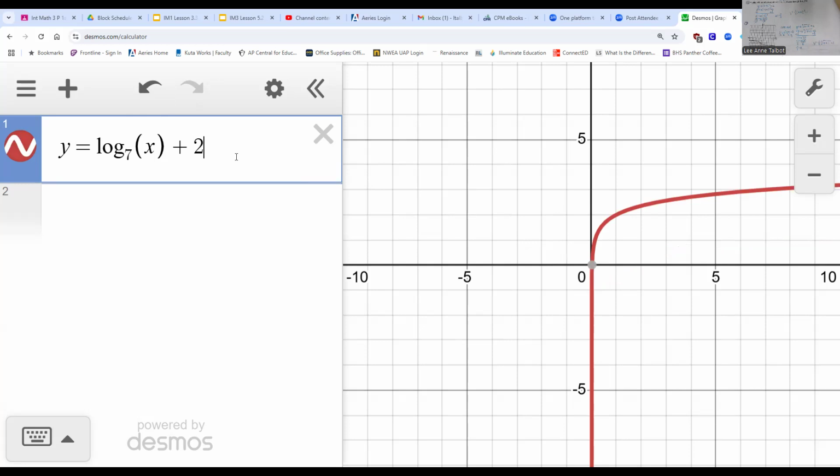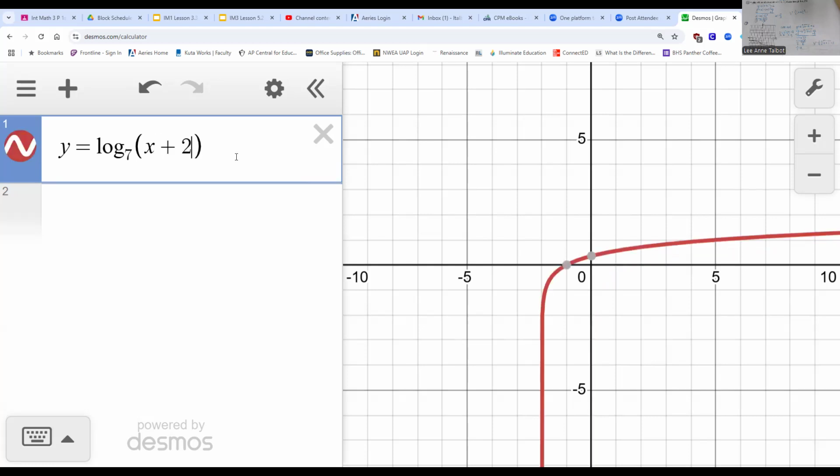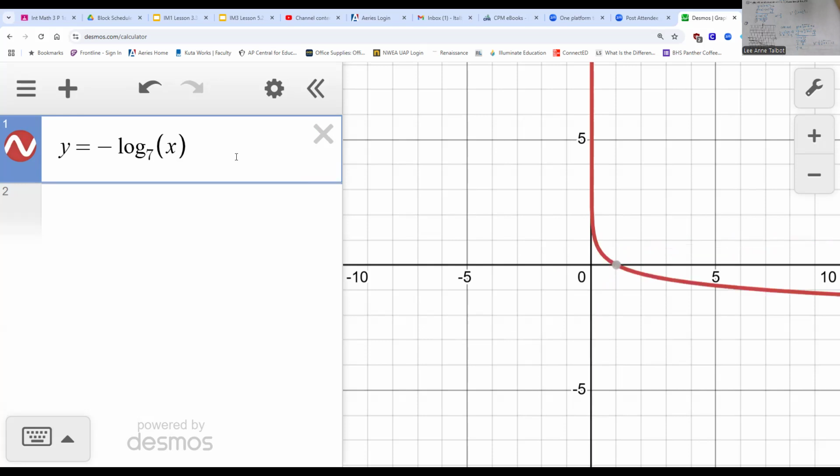Two up, that's K. Okay, now what would happen if I put the +2 inside? Yeah, okay. So there's your vertical shift you expect, your horizontal shift you expect. That's not really a big deal. What about this? Reflect over the x-axis, what you expect.